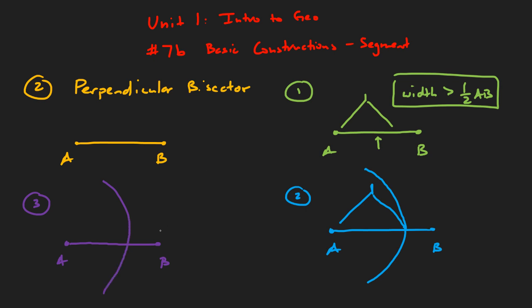So now you're going to take the compass, you're going to now put the point on B, again, same setting, and now you're going to draw a second arc that's going to intersect that first arc in 2 places. So it's going to go all the way down here and all the way up here. And you get these 2 intersection points. I'm going to call the bottom one here E. I'm going to call the top one here F.